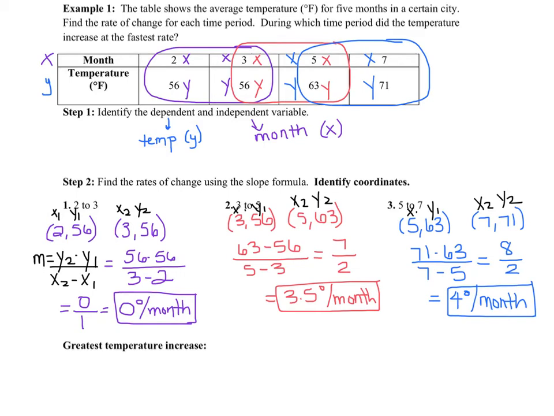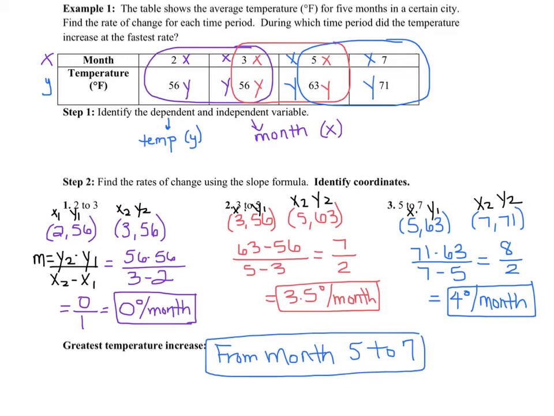Therefore, our greatest temperature increase is from month 5 to 7. And that is your final answer. Our greatest temperature increase is from month 5 to 7. Okay, so now I just found a rate of change using a table. Let's now look at a graph.